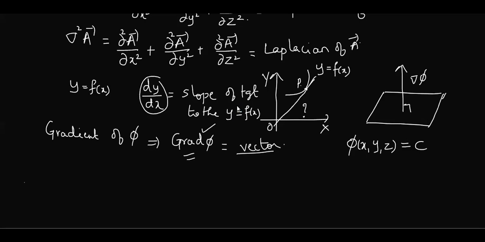Normal to the surface means perpendicular to this surface. And the equation of the surface has to be constructed with respect to this phi. Understood or no? Or is it bouncing?